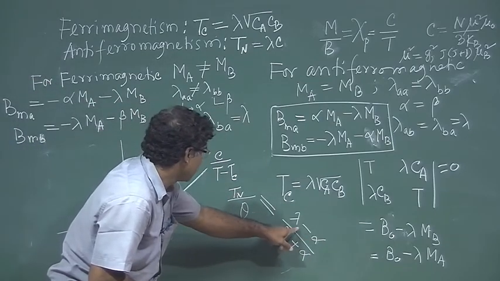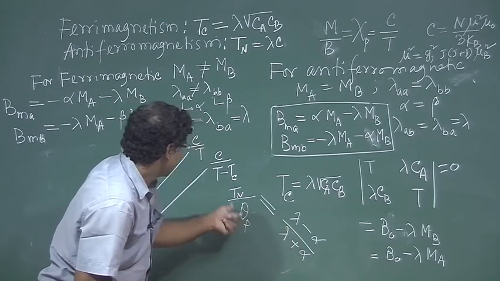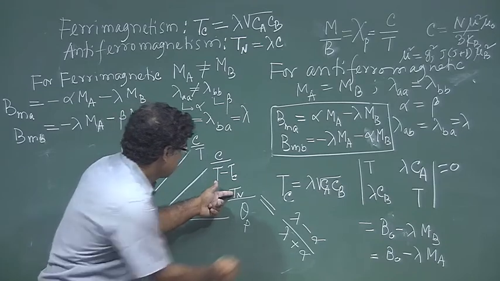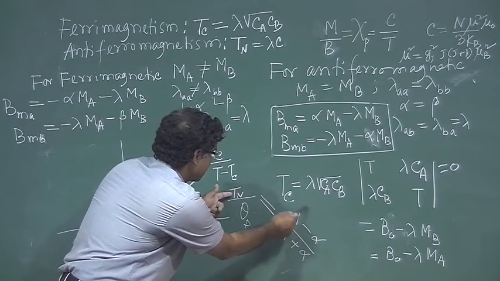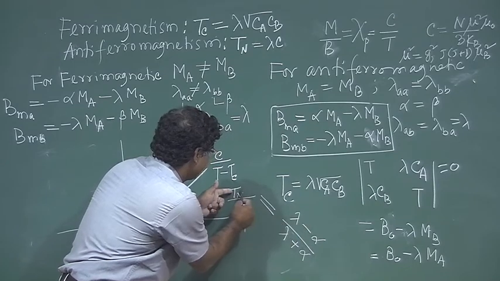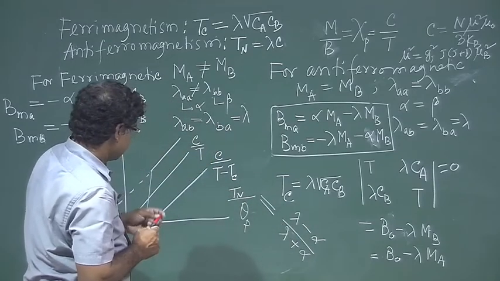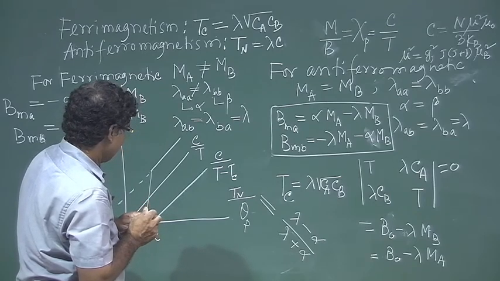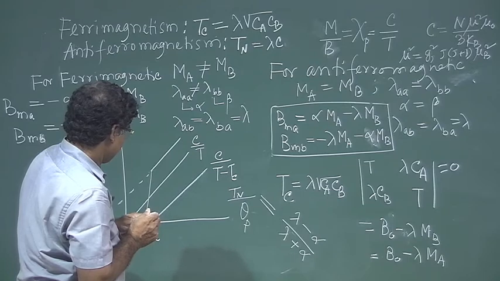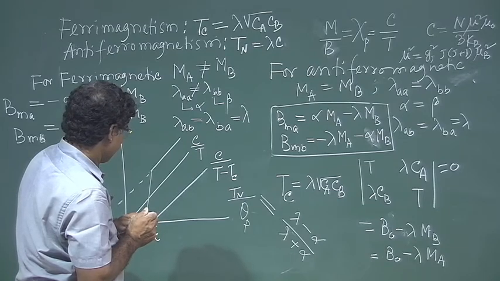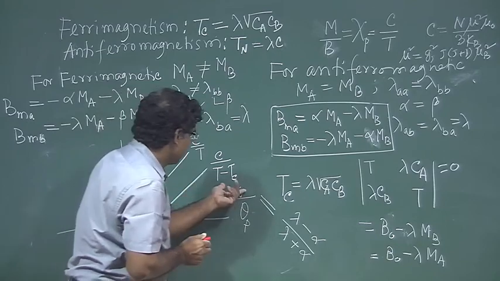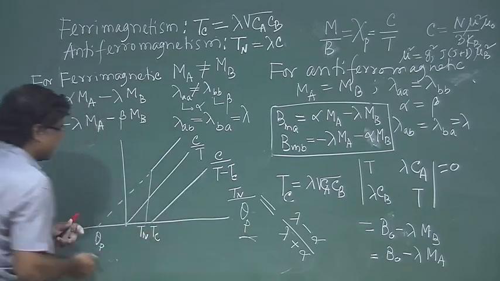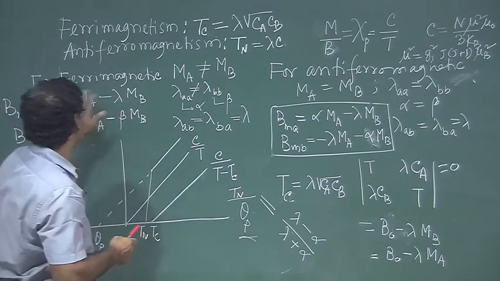If you do not ignore, then Tn has minus alpha, so it is smaller, right. So, Tn will be different from theta p.